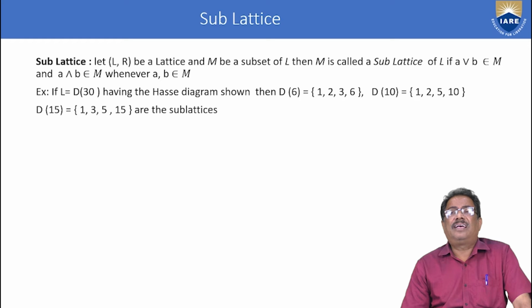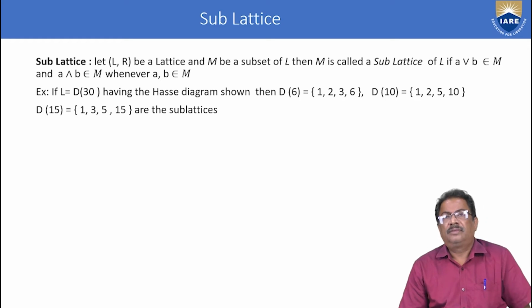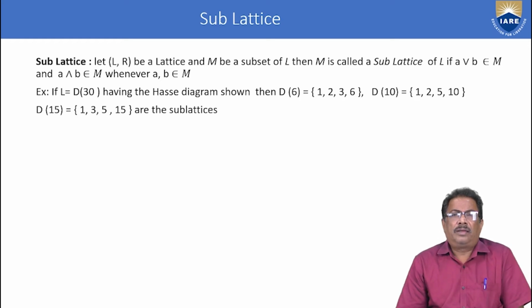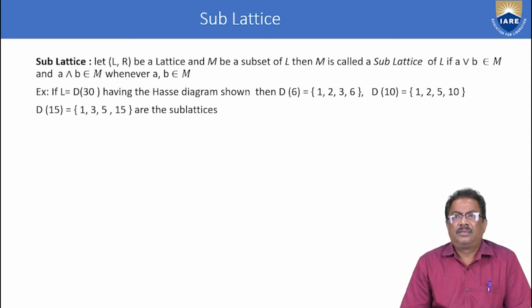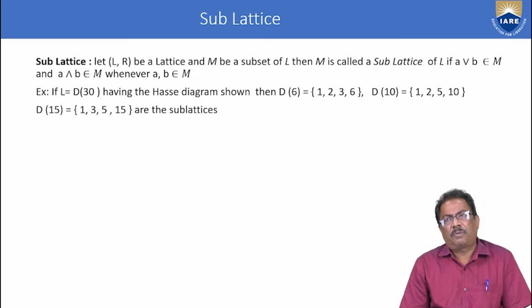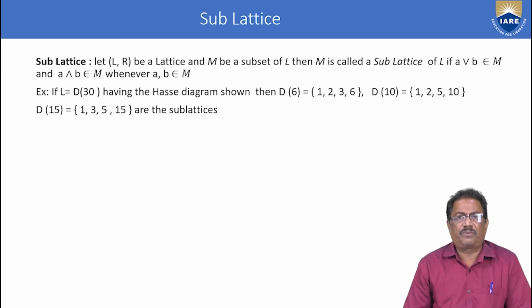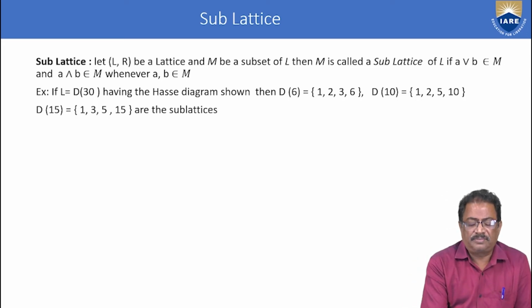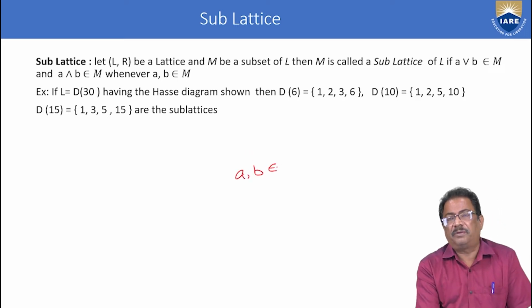Now, what is a sublattice? Let L be a lattice and M be a subset of L. Then M is called a sublattice of L if, selecting any two elements from M, the least upper bound and the greatest lower bound exist. Earlier we selected the pair of elements from the set itself.